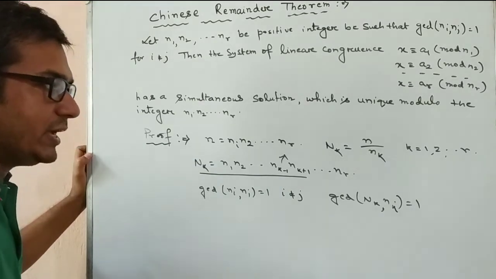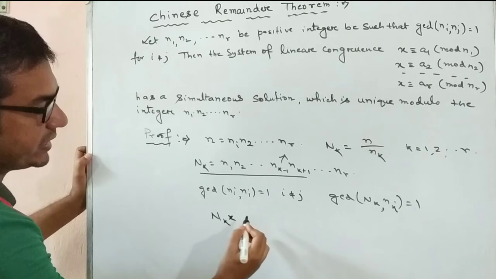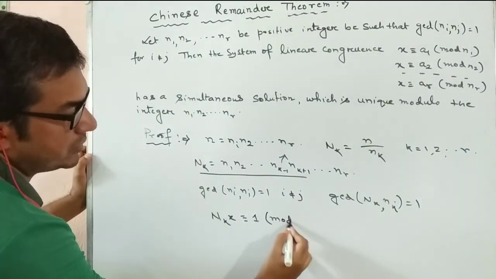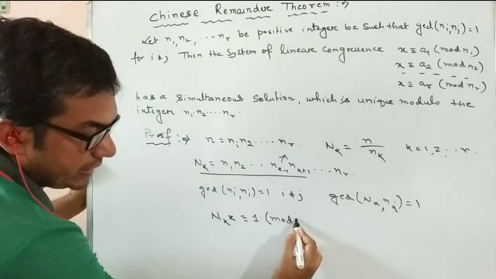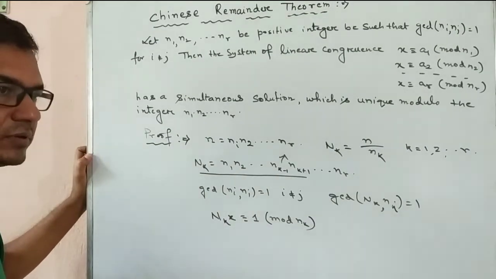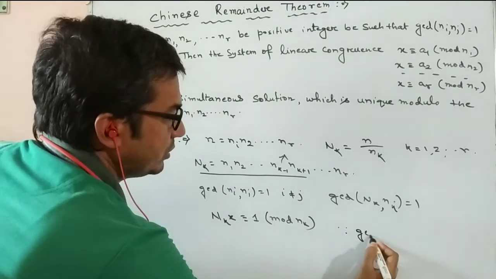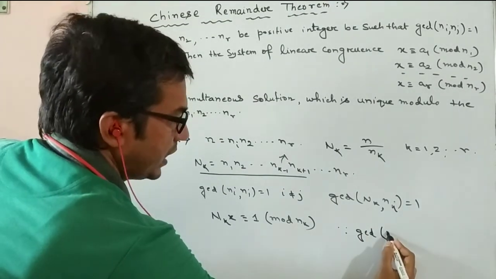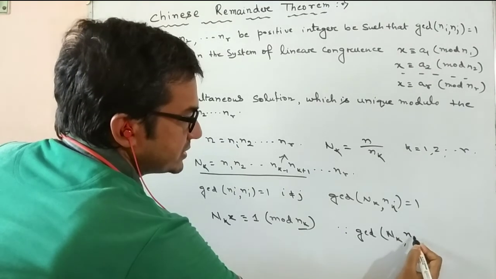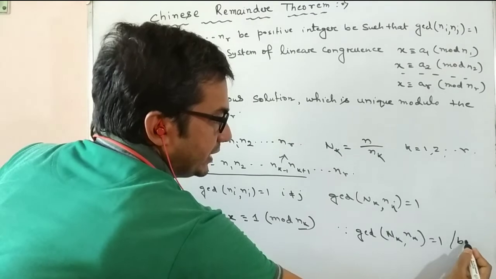So we can say that the linear congruence N_k x congruent to 1 mod n_k must have a solution, since GCD of a, that is N_k, comma n, that is small n_k, equals 1, and 1 divides b, that is 1.